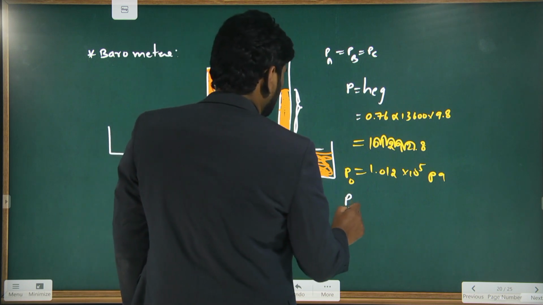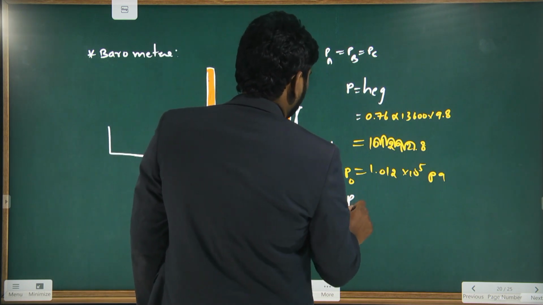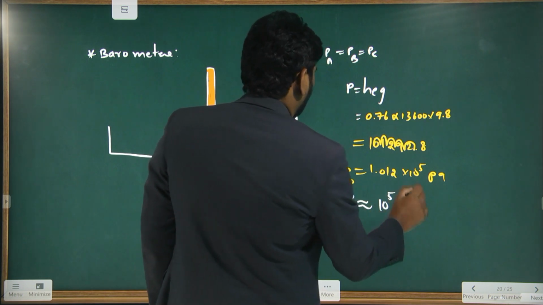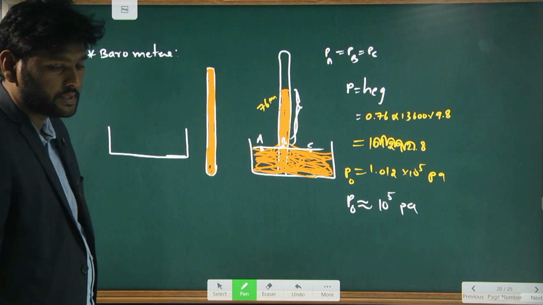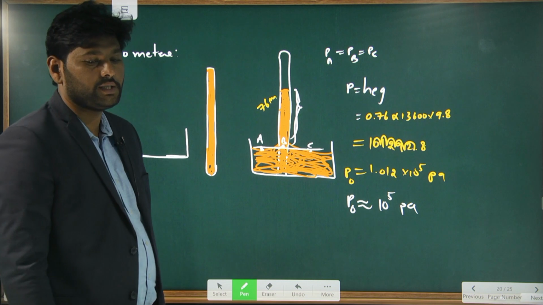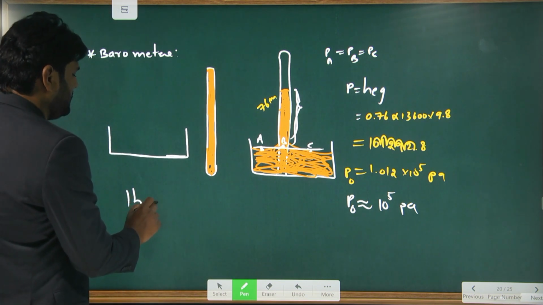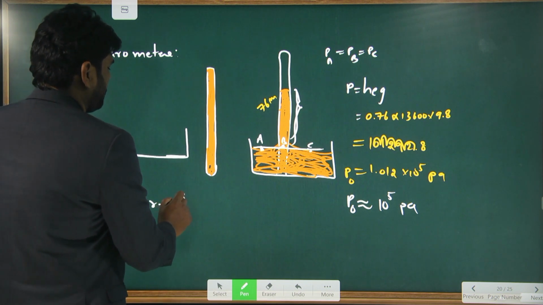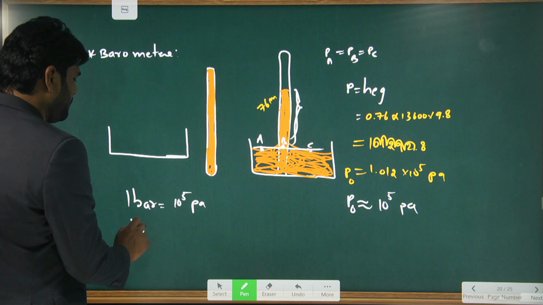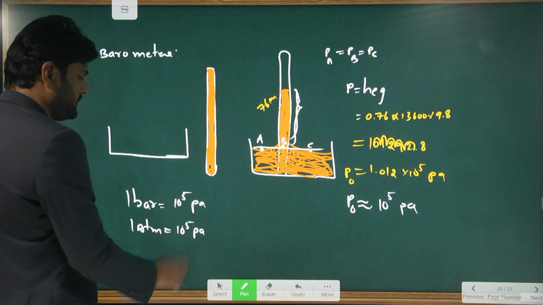This atmospheric value is also known as 1 bar. So here 1 bar is equal to 10 power 5 Pascal. Even 1 atm is equal to 10 power 5 Pascal.